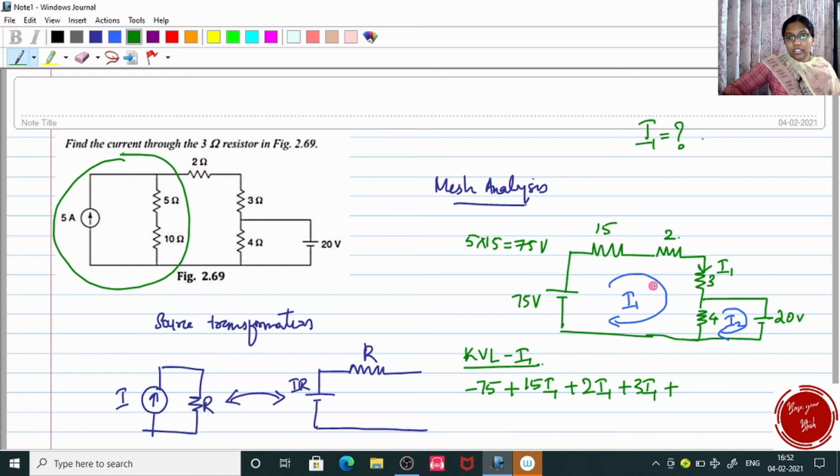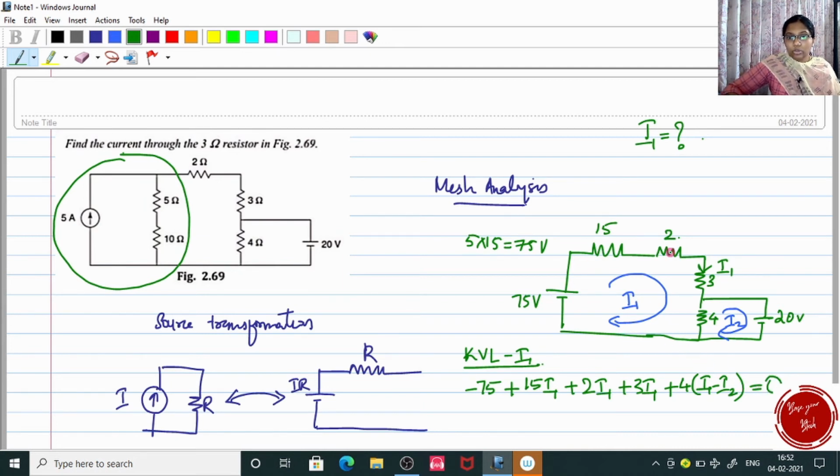One current in the left side of the 4 ohm resistor and the other current I2 in the right side of it. So since we are concentrating on loop number 1, we should write it as I1 minus I2, which is equal to 0, isn't it?